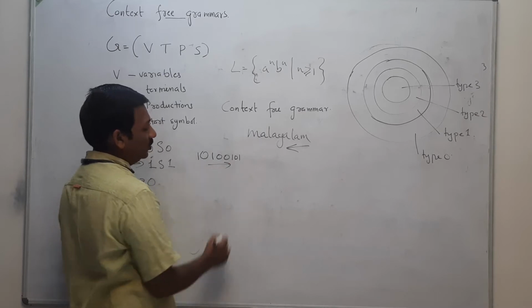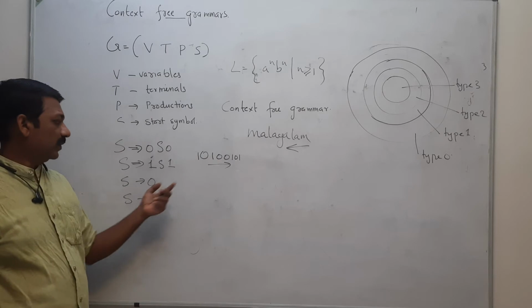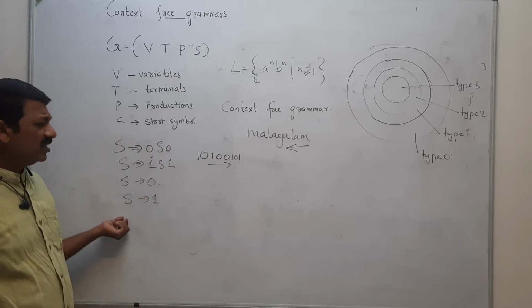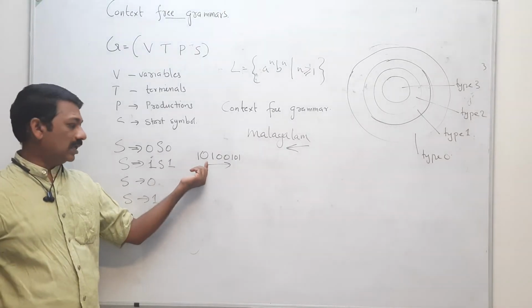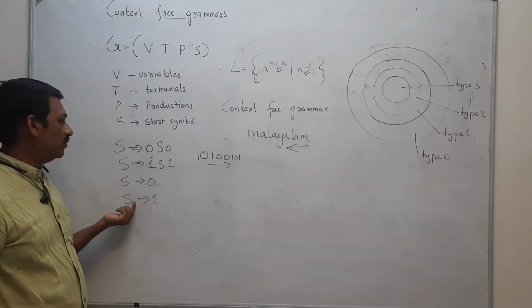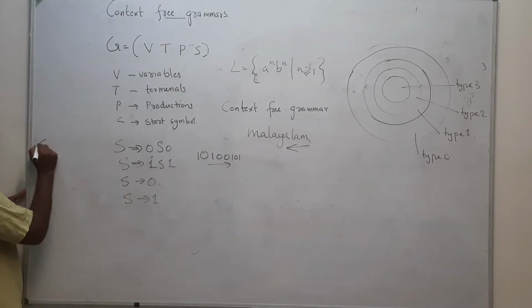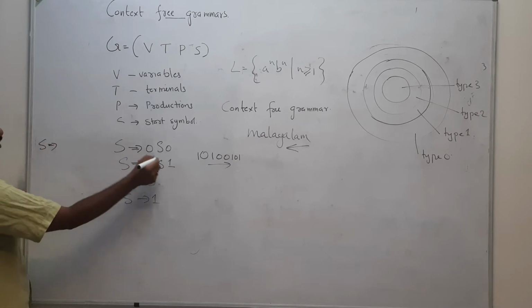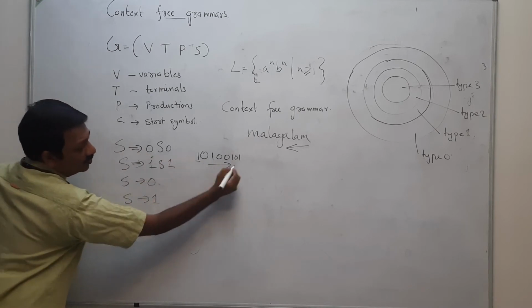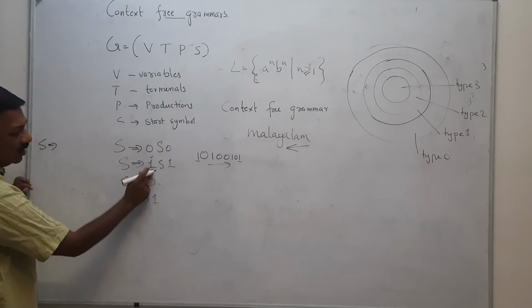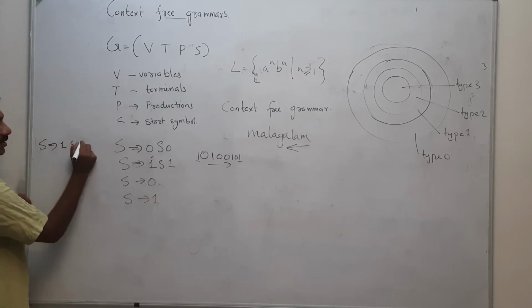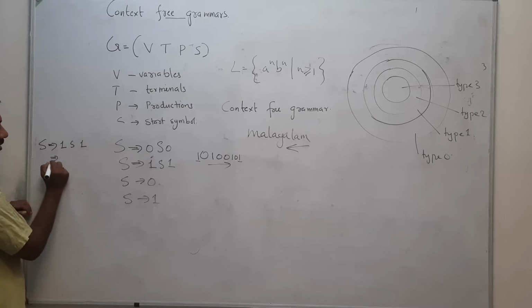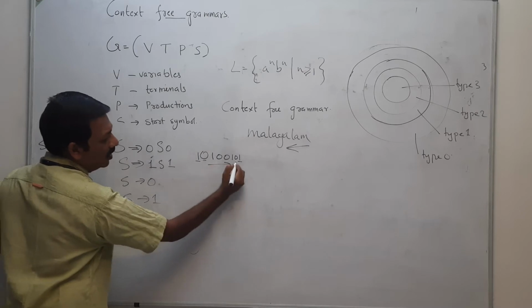See, I am going to check whether this is a palindrome using this grammar. So I am trying to generate the string using this grammar. That means starting with S derives, initially I am going to generate this one and this one. So I am going to use this, that is 1 S 1. From this S I am going to generate 0 and 0.